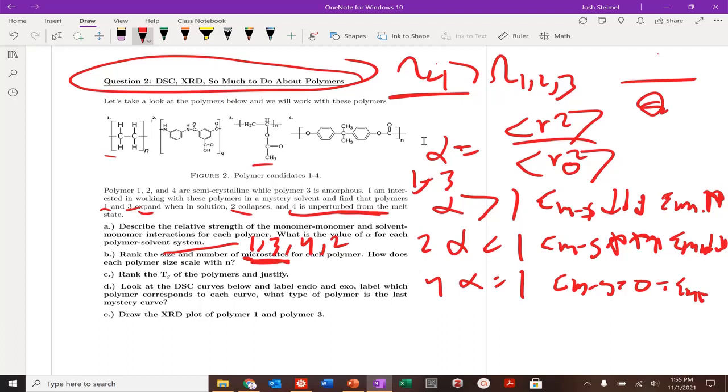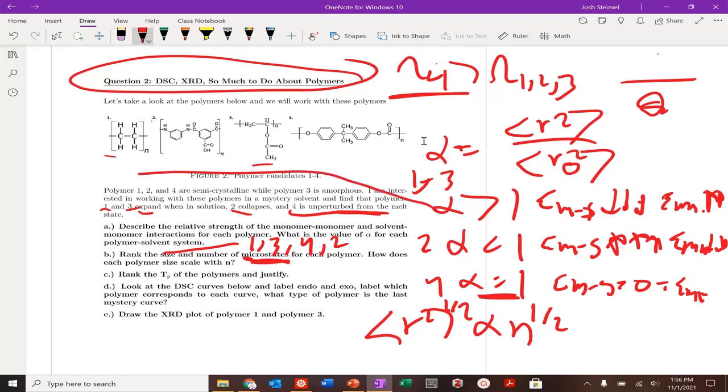If I look at my mean square displacement, how does this scale with N? For a theta solvent, or basically when alpha is equal to 1, it's going to be a half. If it is a good solvent, alpha is greater than 1, it's going to be 3/5. Actually, excuse me, it's going to be 2/3.